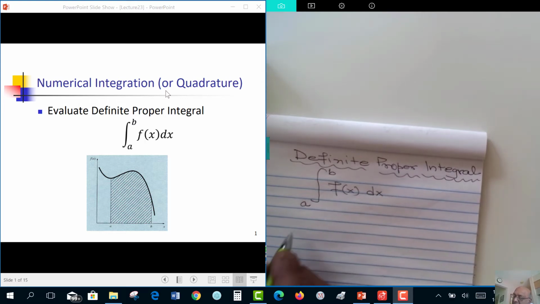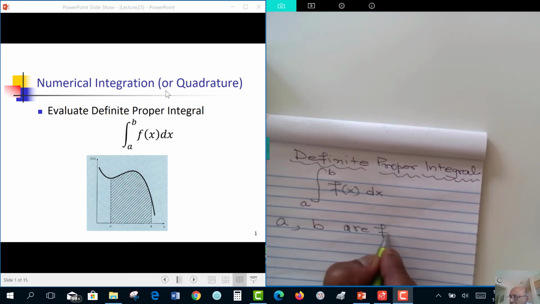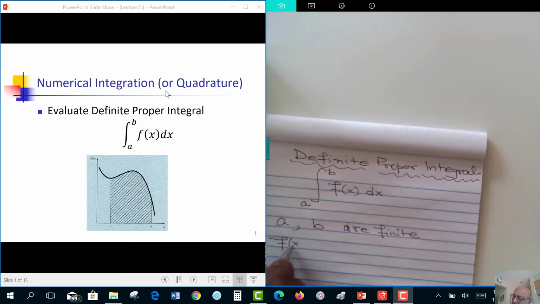And proper means proper as opposed to improper, meaning that a is finite, b is finite, and the function of x is also finite in the range [a, b]. So this is our closed interval when we use square brackets. That means both the boundaries are included.